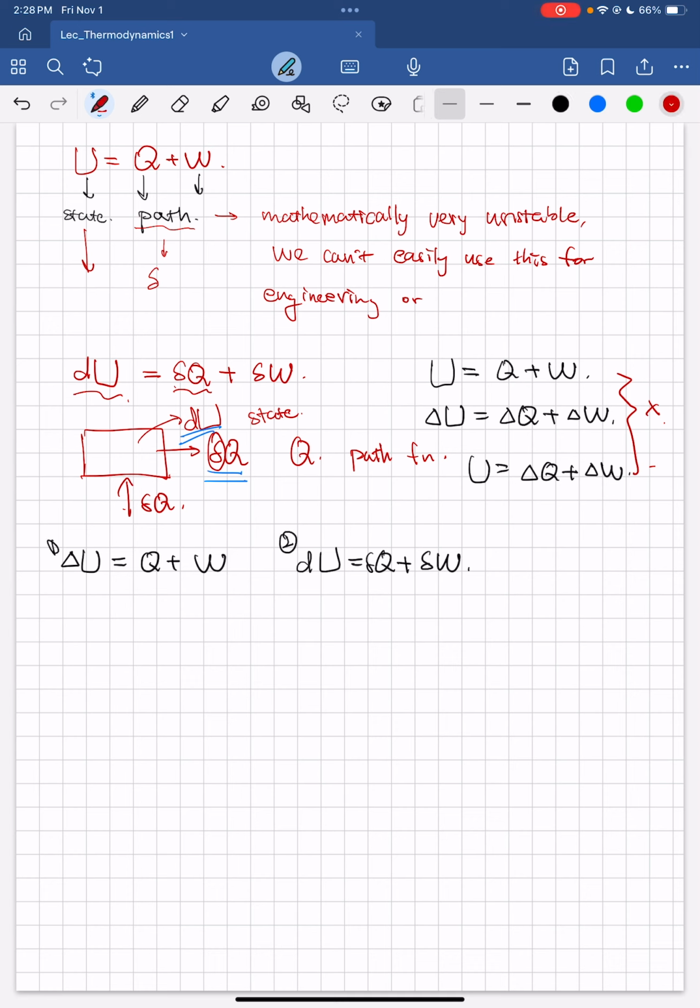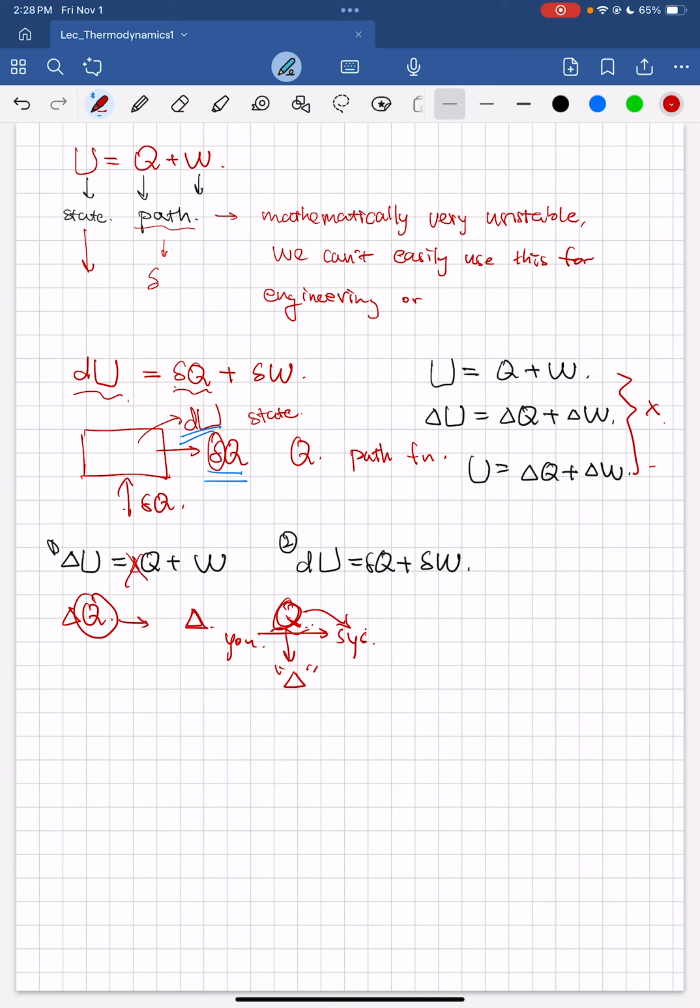Because you can think about it, it's very simple. You can't have a delta Q, right? Because Q already has a meaning of delta. You give Q to a system, right? There is no Q of system. You give Q. This is already a delta term, so you don't need another delta here.